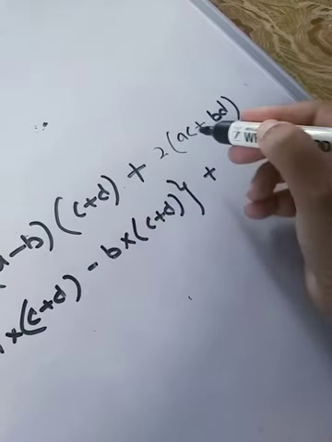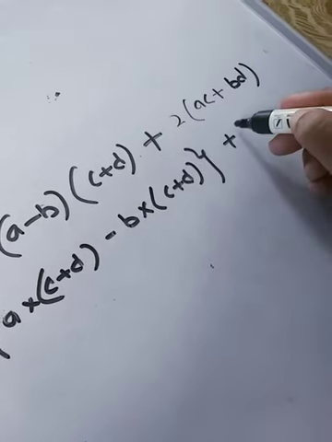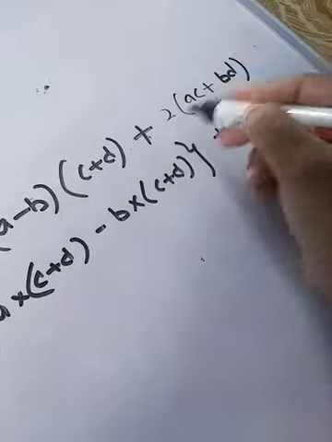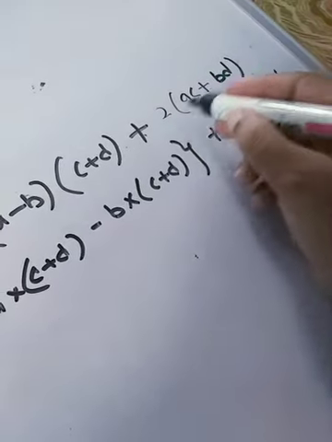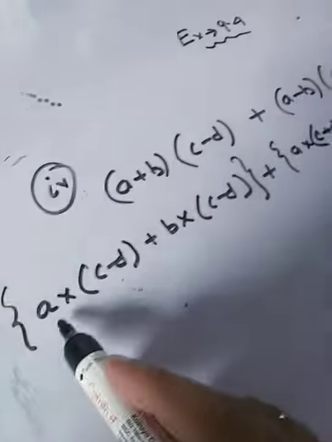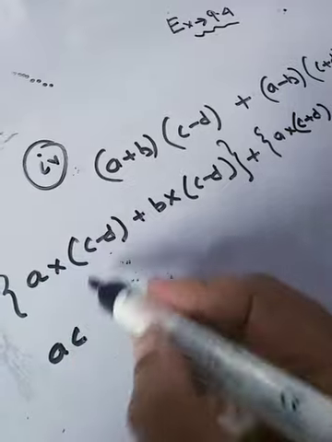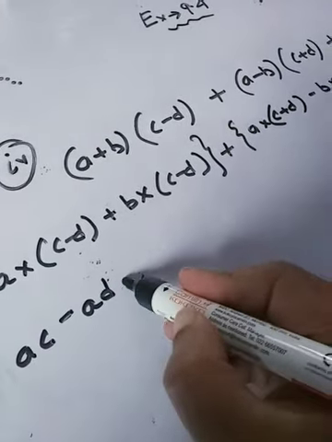Okay, and when you're multiplying this monomial with a binomial, just straight away multiply it. 2 into AC is 2AC, plus is plus, 2 into BD is 2BD. So this part is done, multiplication part is done. Now we will multiply this, A into C, AC, plus minus A into D, AD. Okay, now we'll do this.